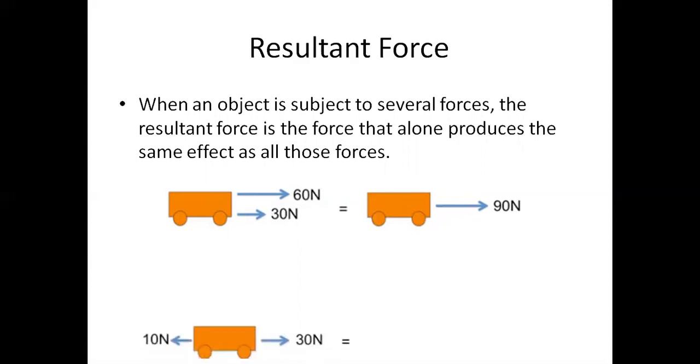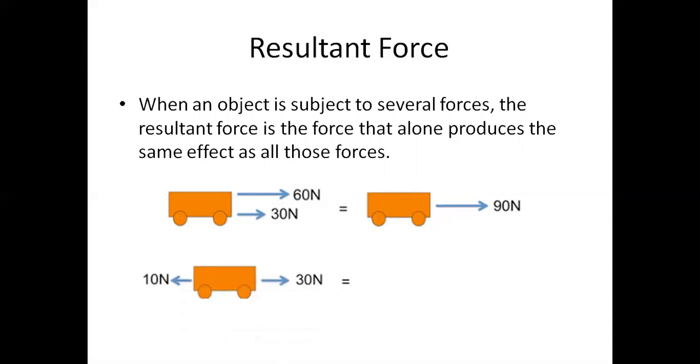Now let us take one more example. Now, two forces are acting, collinear forces, acting on the same line, but in different directions. For example, take 30 newtons this side and 10 newtons this side. With common sense, we can say that because 30 is more than 10, it will move this side. But what will be the net effective force?